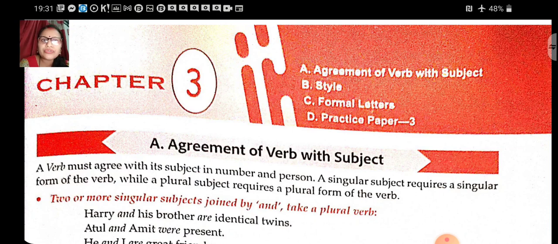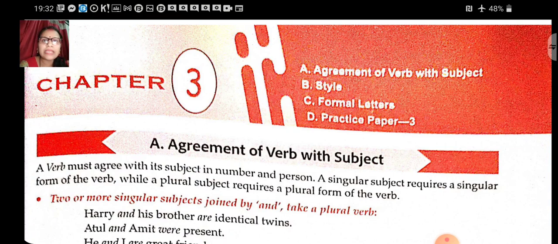It's your chapter number 3, agreement of verb and subject. A verb must agree with its subject in number and person. I told you, students, that if the subject is singular, the verb is supposed to be singular. If the subject is plural, the verb is supposed to be plural.